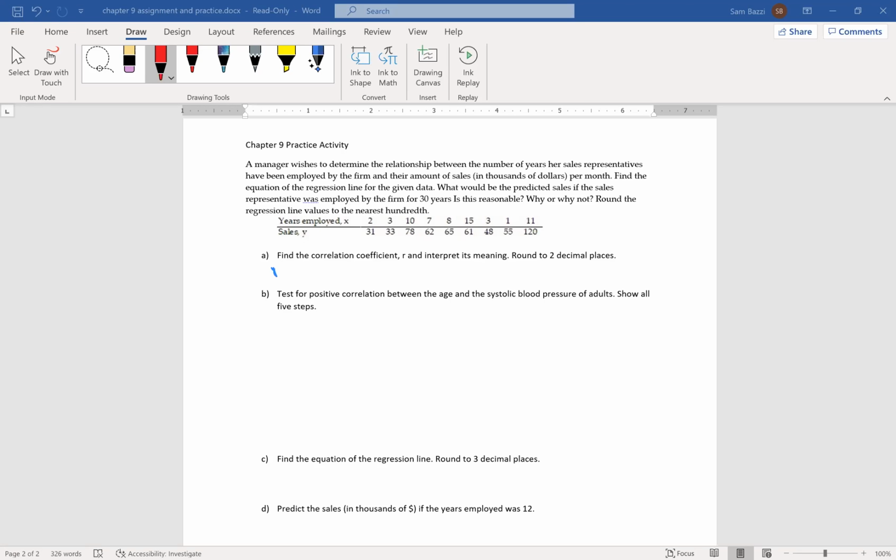Let me see if I made a mistake. 2, 3, 10, 7, 8, 15, 3, 1, 11. Let me double check. It was actually my mistake. I put 4 instead of 7. Okay, so let's do it again. Stat, calc, number 4, linear regression ax plus b, and R is 0.63. There you go, guys.